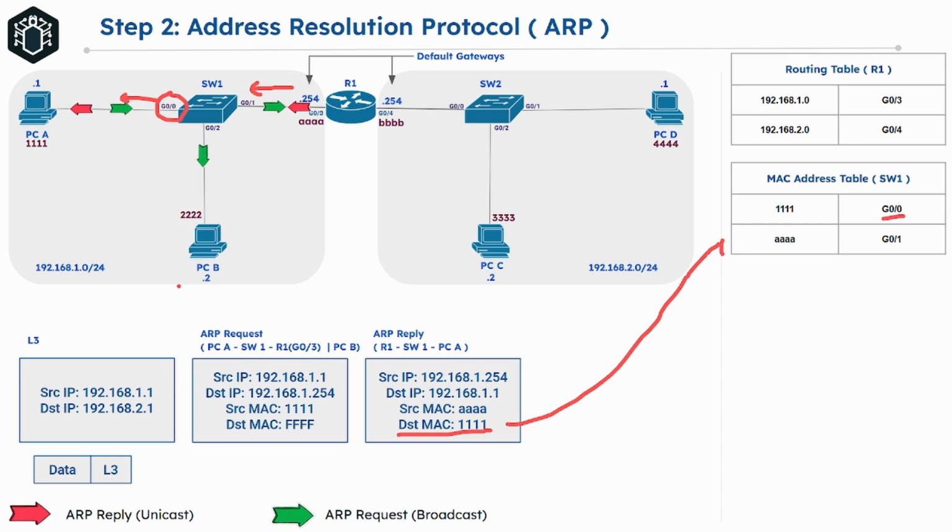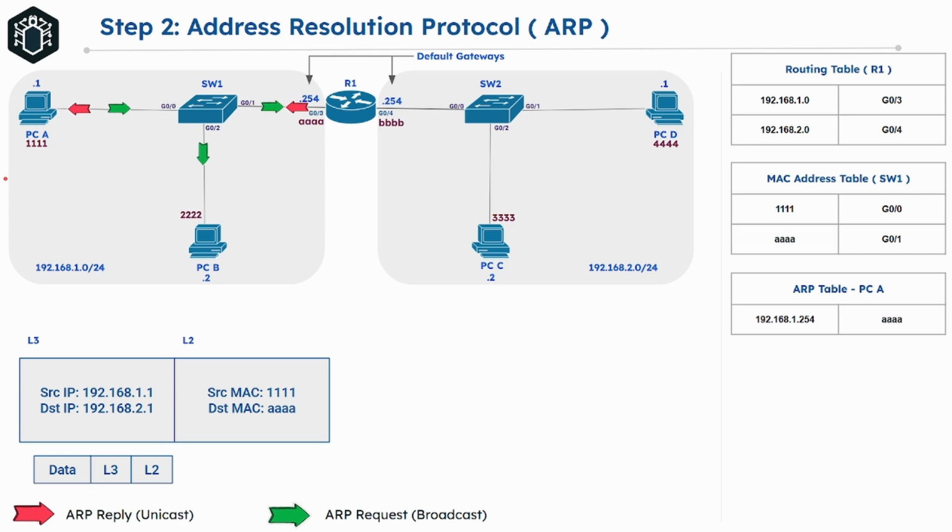As a result, PCA receives the ARP reply and stores the information in its ARP table. So now PCA knows the MAC address of its default gateway. And now it finally has everything it needs to send the actual data. So let's see how the frame is created and forwarded.